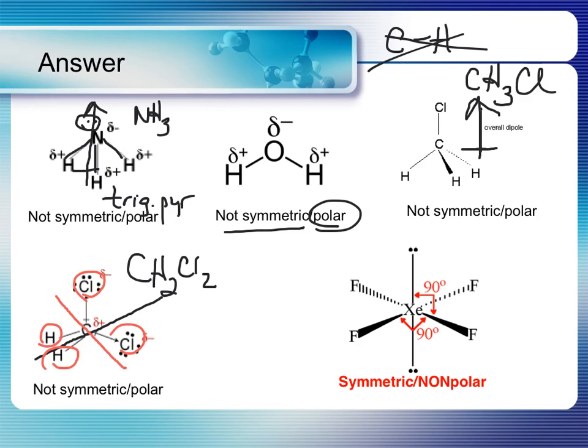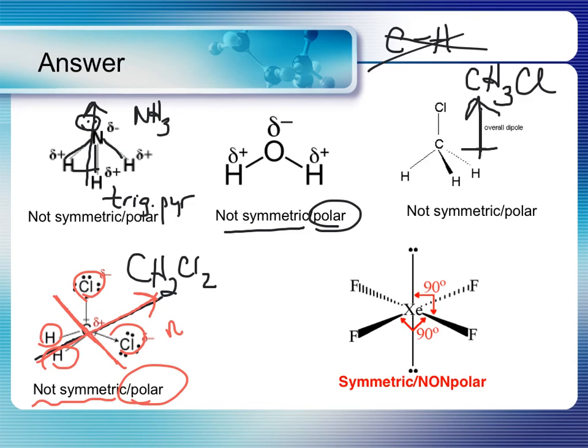So even though on this two-dimensional drawing they don't look like it, they're all equally spaced from each other. But if you look at this line, they certainly are not mirror images. So that is not symmetric, and it therefore is polar. And of course the dipole points in the direction of the chlorine, the more electronegative chlorines.